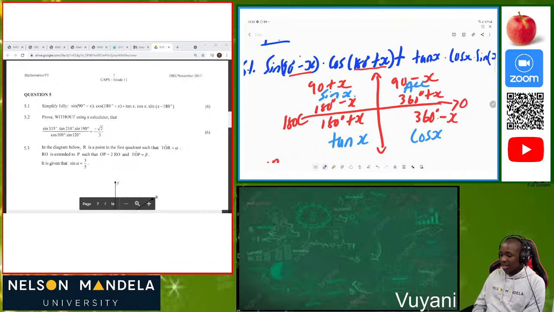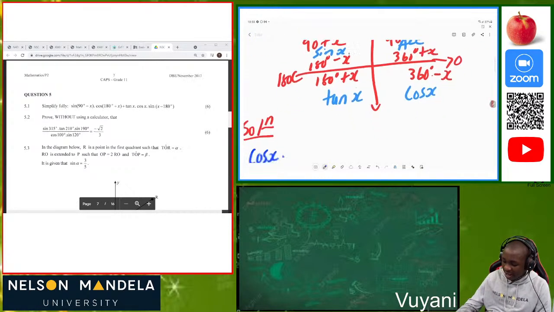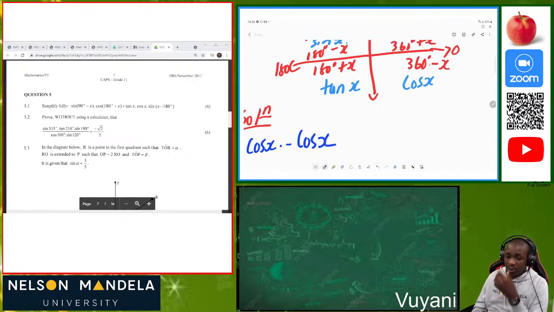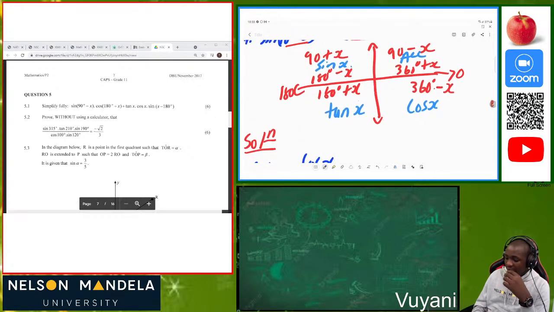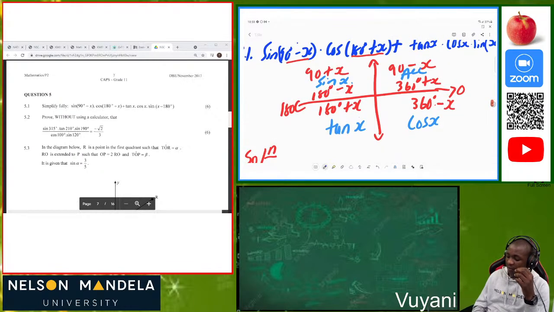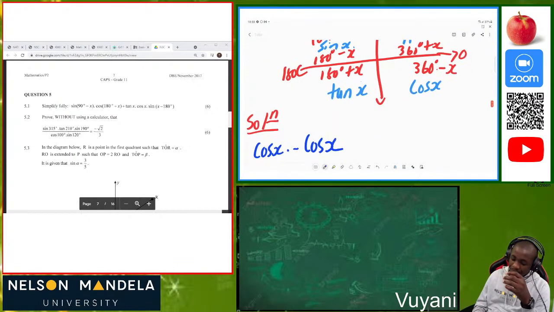In our third quadrant, only tan is positive. So the other trig ratios are negative, which means you're going to have negative cos of x. In other words, we have reduced everything, removed that 180, and we are only left with the angle.